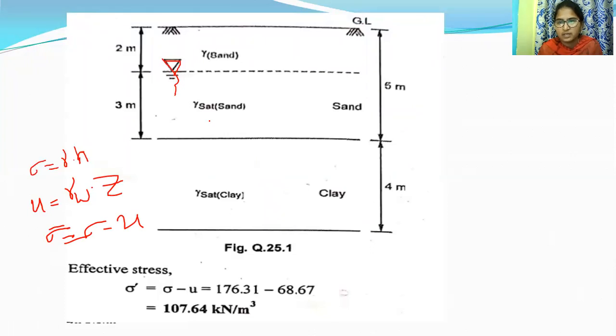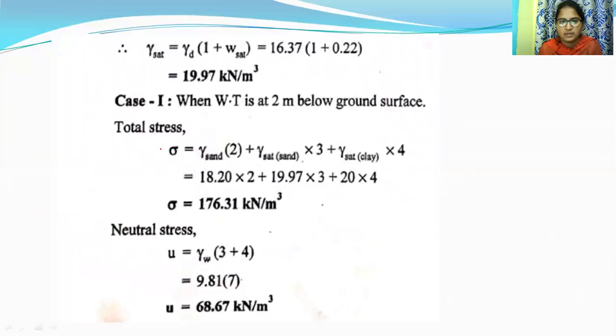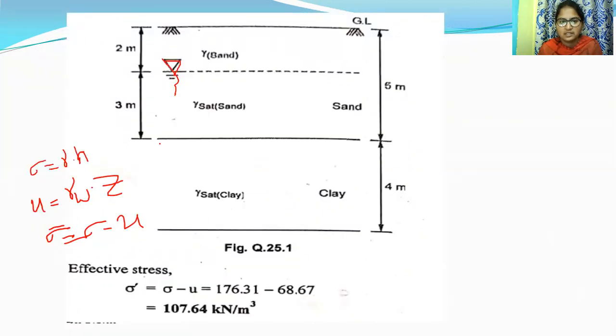I am only talking about total weight. Gamma sat is 19.97 into the layer thickness 3.